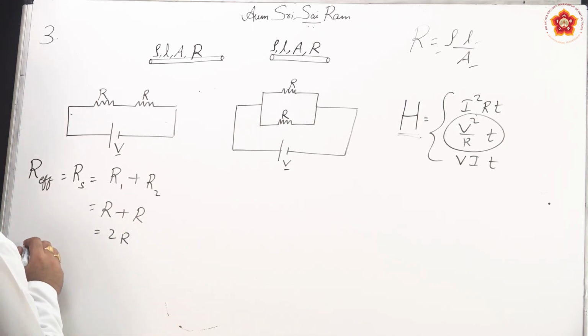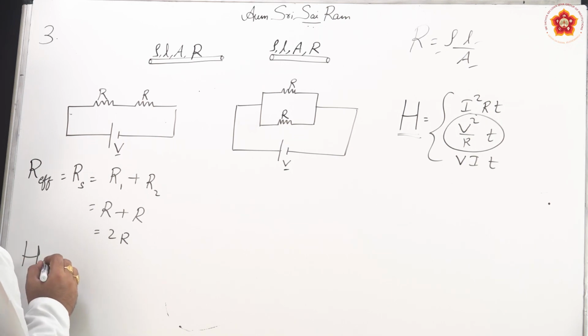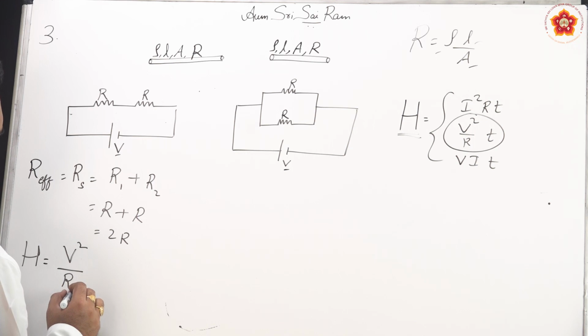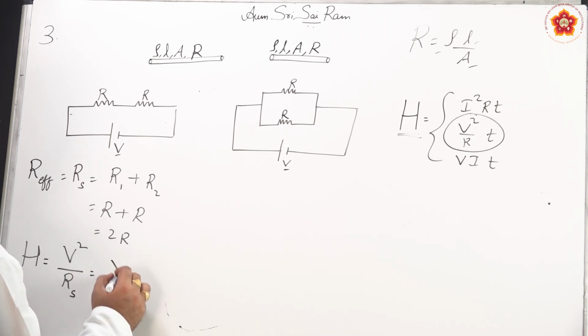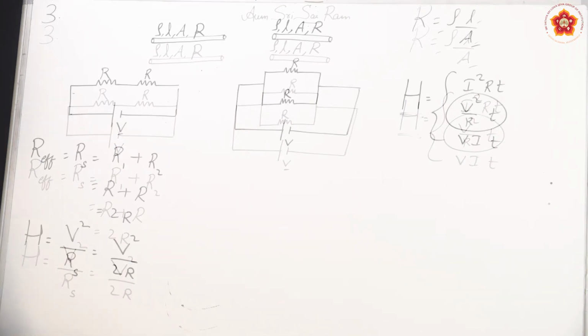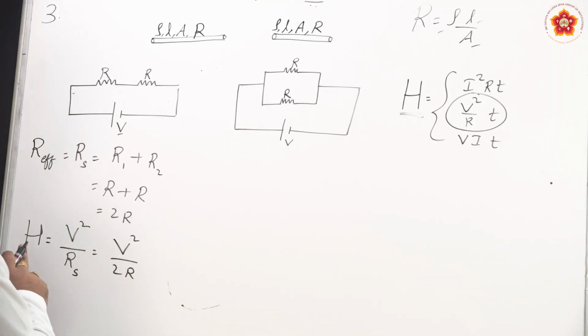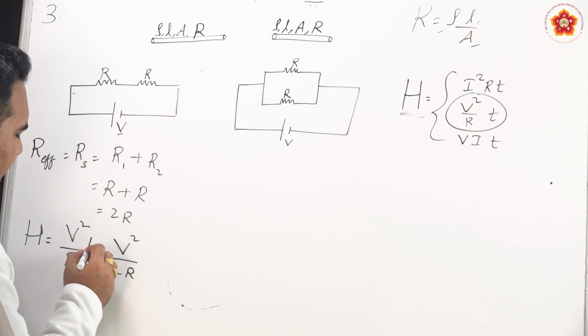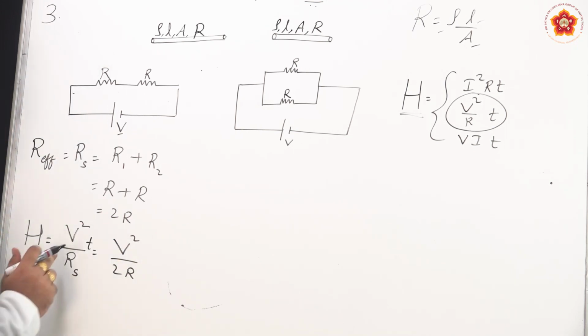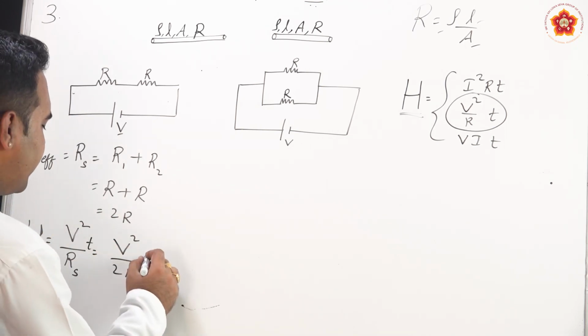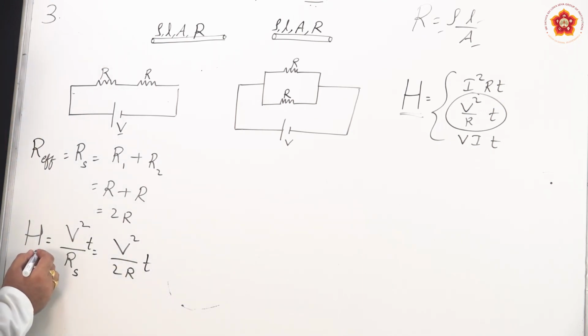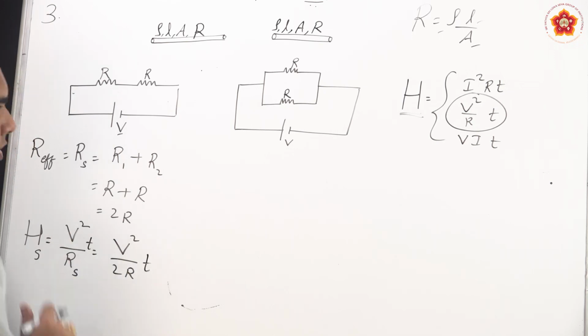So the heat energy in this will be V square divided by R effective in series, so V square divided by 2R into T. So in the first case, heat energy in series will be V square by 2R into time.